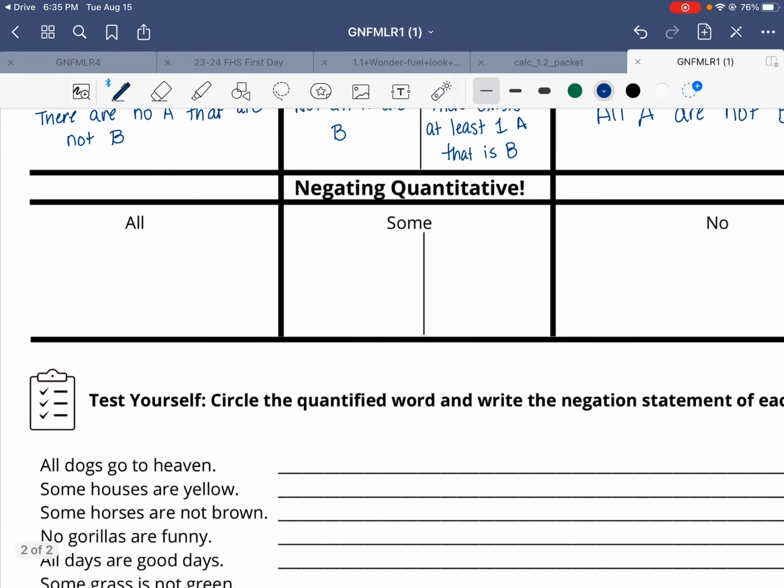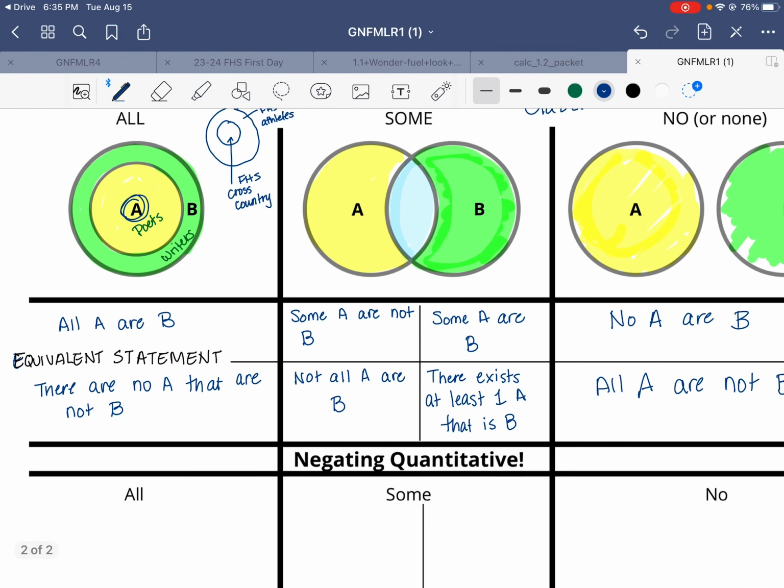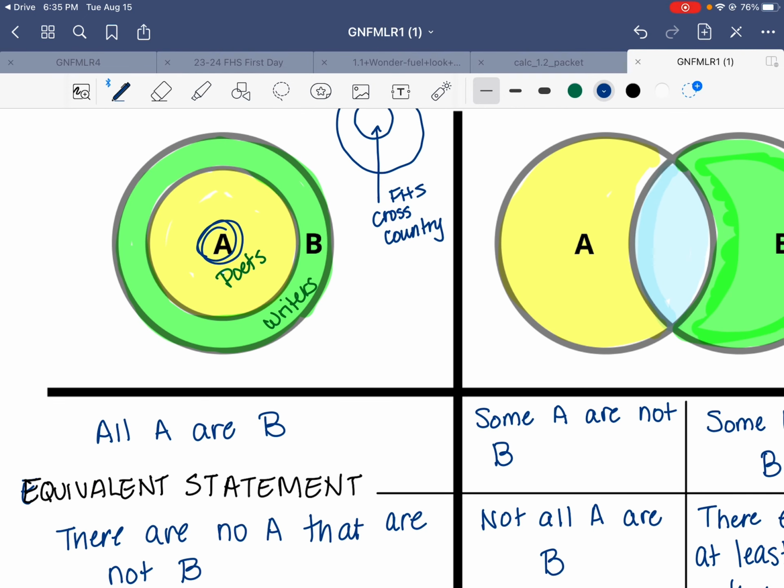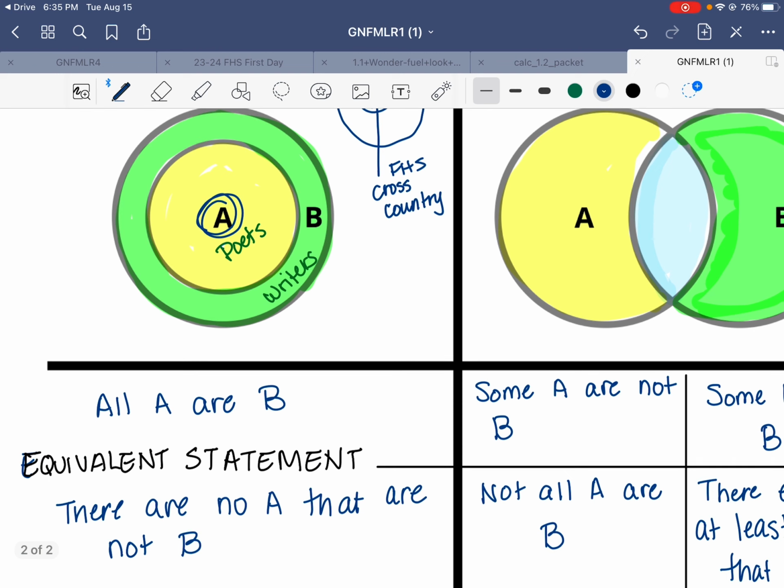All right, let's look at negating quantitative. So let's go back to all, right? All A are B, or there are no A that are not B. Well, the way that we take care of all is by using the word some for my negation. You would think it would be no, but that's a little bit too far extreme, right? So what we're basically doing is we're taking the pieces that are overlapping and we're pulling A out to the point where we have that overlap.